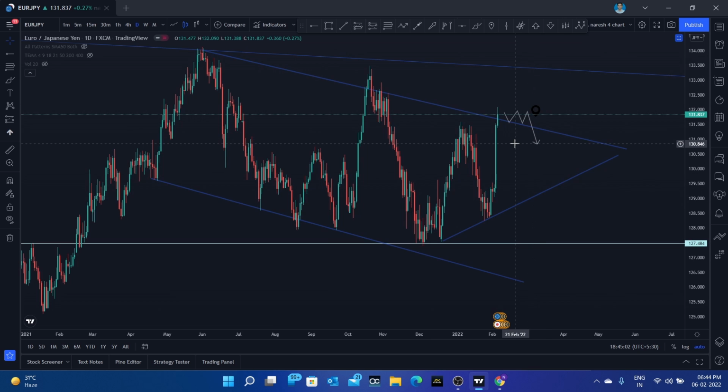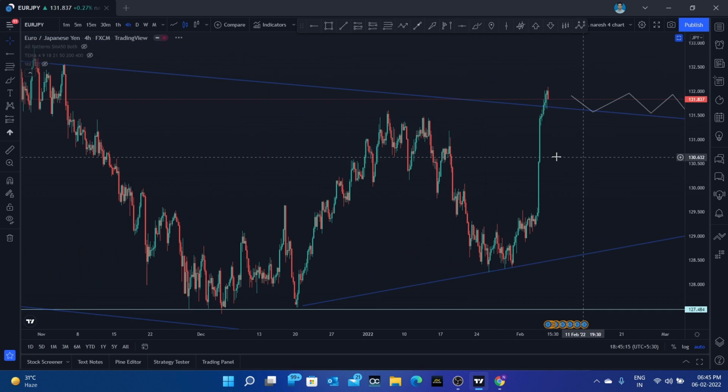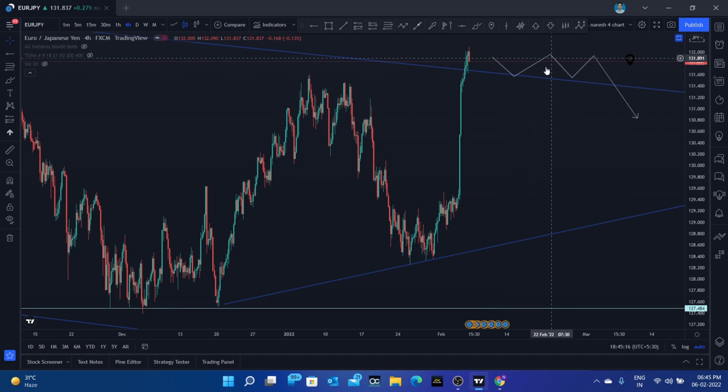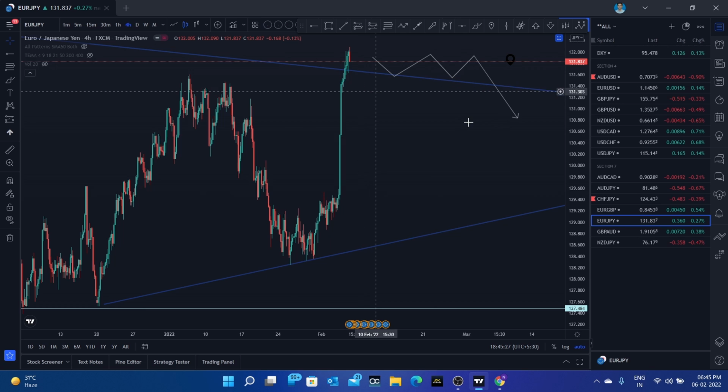But I am looking for only bearish entries, guys, because the major trend is down and it is near the major resistance area as well. So I want this to consolidate a little bit and break down again, something like this, guys. That would be my expectation on EURJPY. Only look for short entries because it is near the major resistance area.